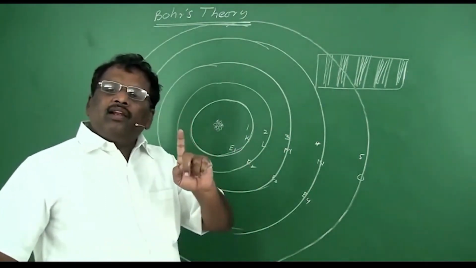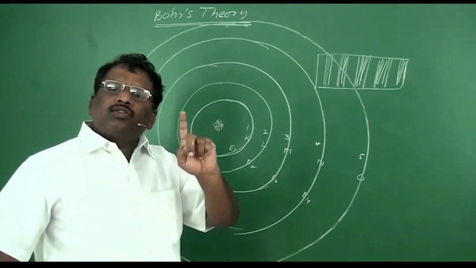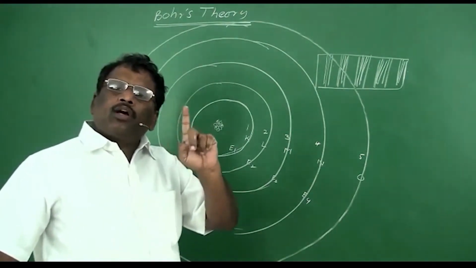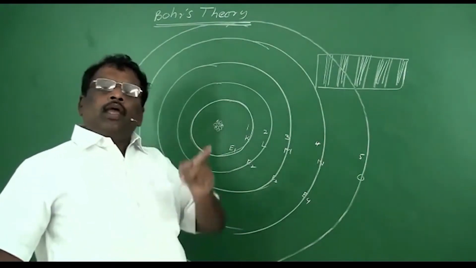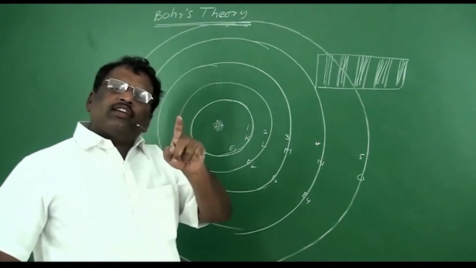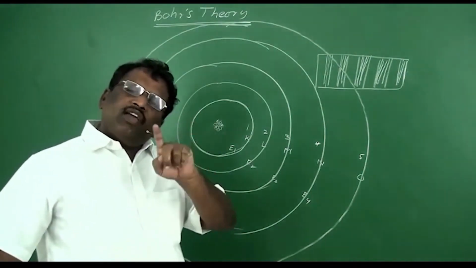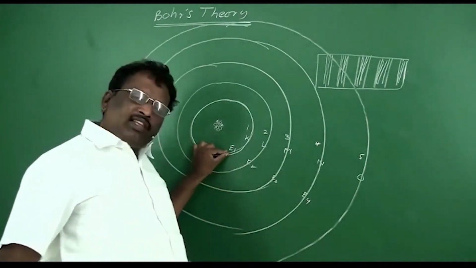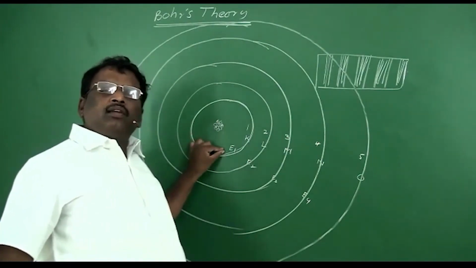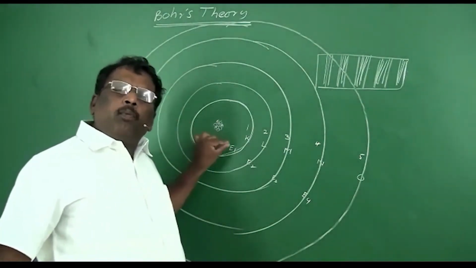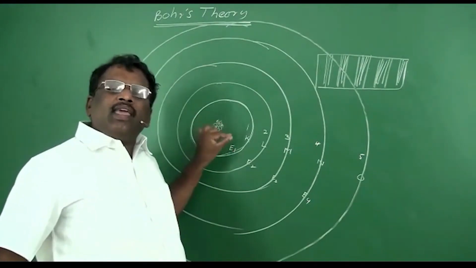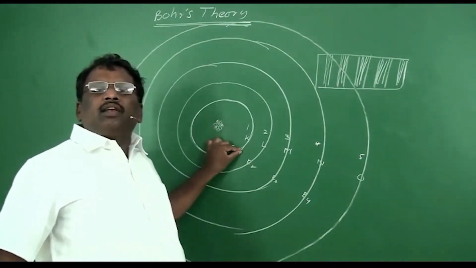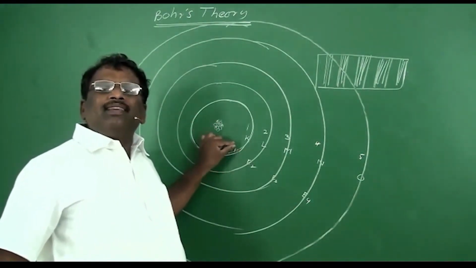The energy level is associated with a specific amount of energy, and the electron is also associated with a specific amount of energy. When an electron is revolving in this energy level, it possesses the same amount of energy that was possessed by this orbit.